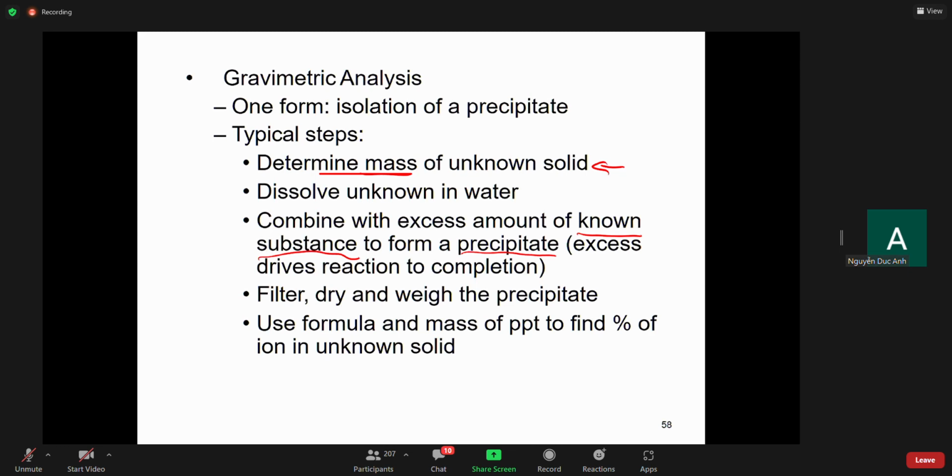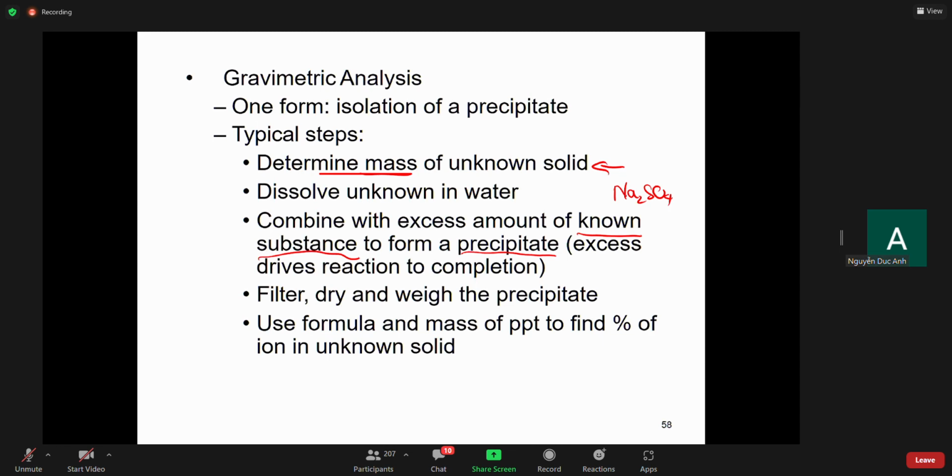So if we use some known substance like sodium sulfate, for example, if you see the precipitate, now you can neglect or skip the calculation on sodium, because sodium is the cation, and the unknown is the anion.